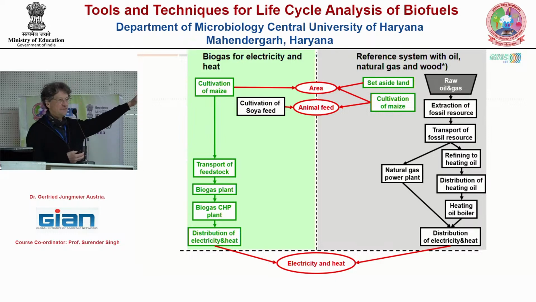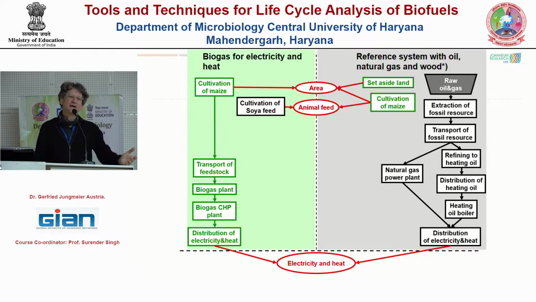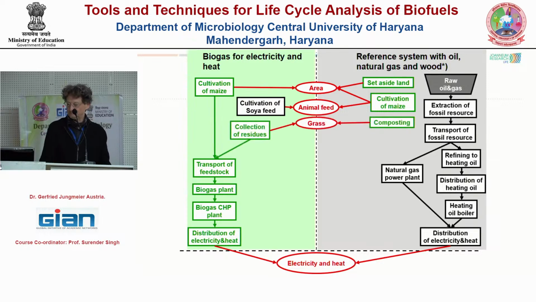Because if we now use the corn for biogas, we have to replace this animal feed, and we're going back to the cultivation or the import of soy feed. So now the soy feed appears on the other side of the bioenergy system, because we are using the maize not for food and feed, we're using the maize for biomethane, but we still have to make sure to provide the same amount of animal feed.